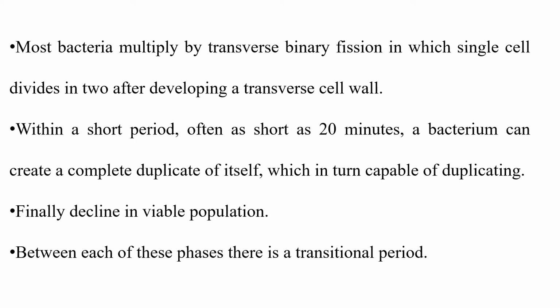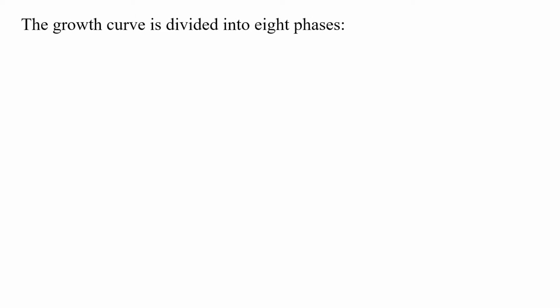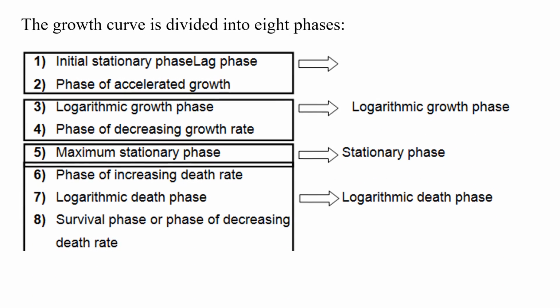Between each of these phases, there is a transitional period. The growth curve is divided into different phases. The first most important divisions are the lag phase, the logarithmic growth phase, the stationary phase, and the logarithmic death phase. Now these four phases are again divided into subphases. The lag phase is divided into two phases, the initial stationary phase and the phase of accelerated growth.